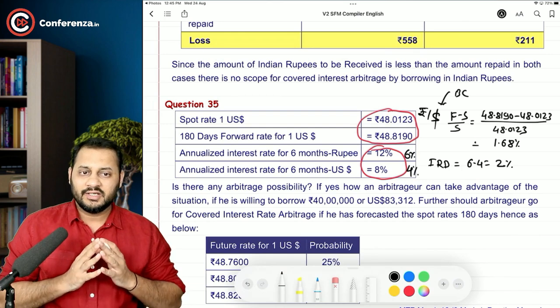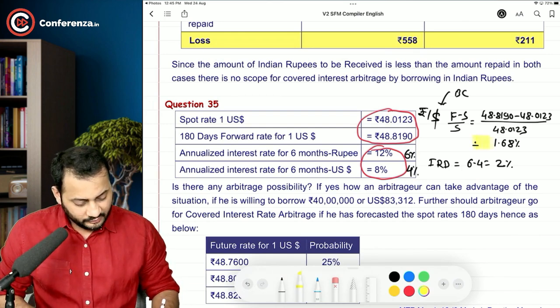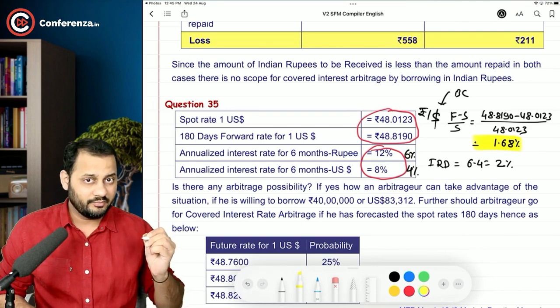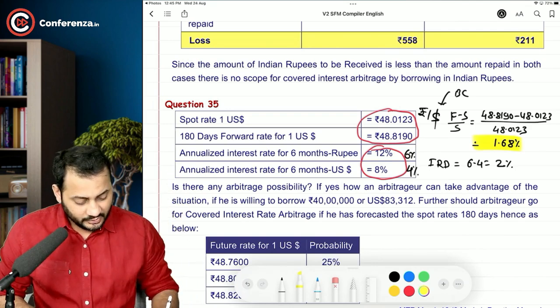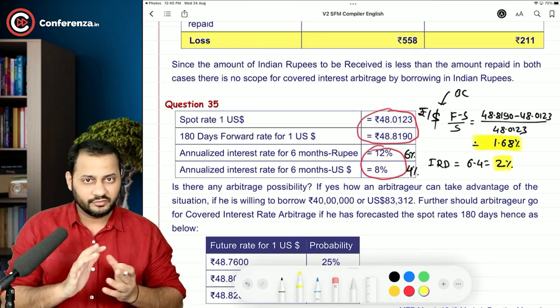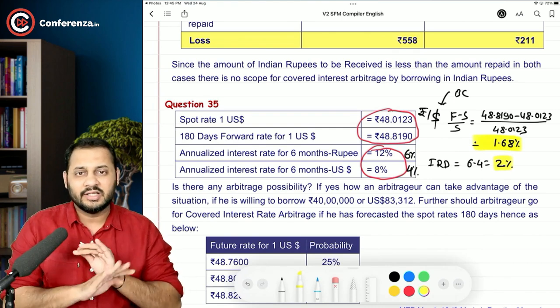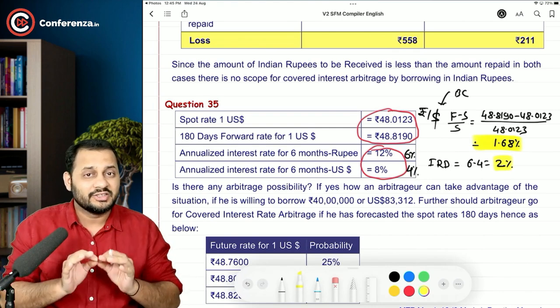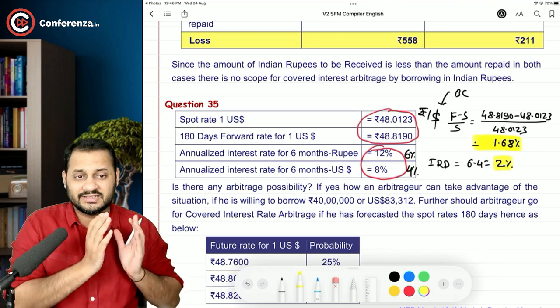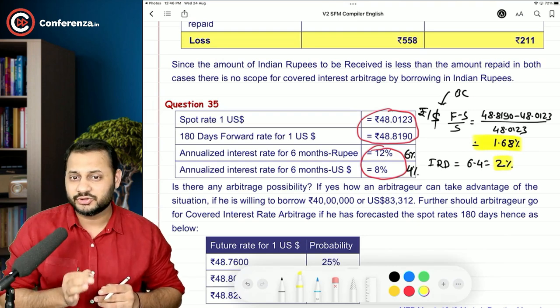Now you can clearly see that the premium in the forward market, the dollar is at premium, right, is not equal to the interest rate differential. Both of the figures are different. If it would have been equal, then we would have said that there is no arbitrage opportunity. But since both of them are not equal, we can say the arbitrage opportunity exists.